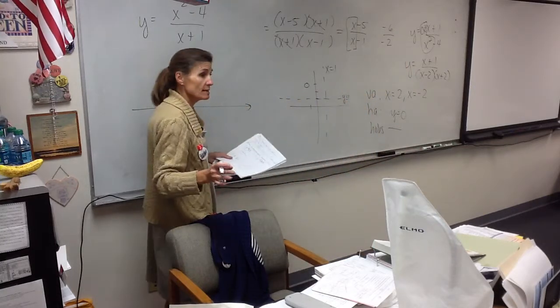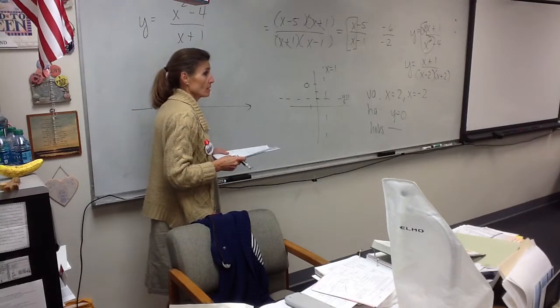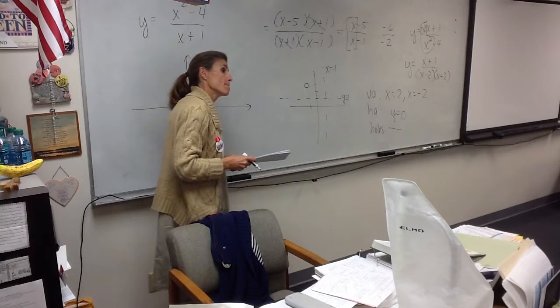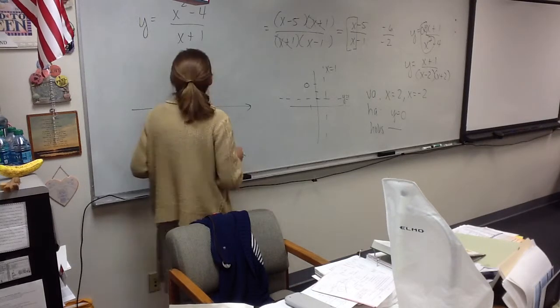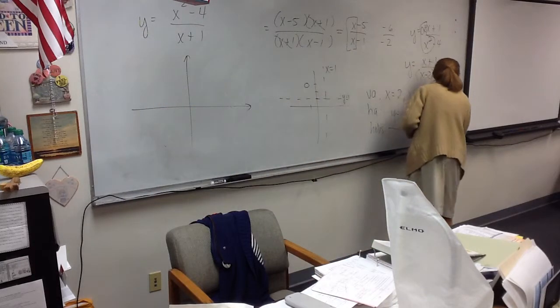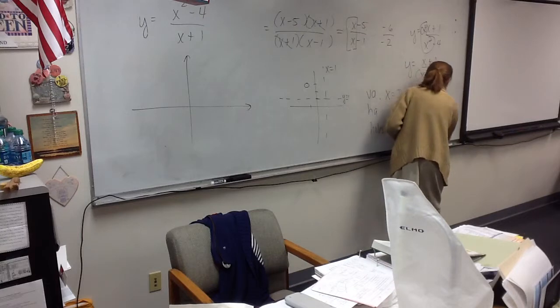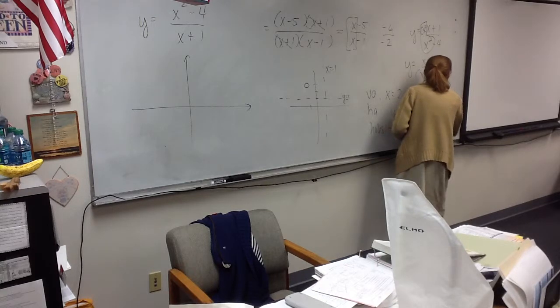So no canceling means no holes. If your horizontal asymptote is 0, is that the x-axis? It is the x-axis. So if I were graphing this one, I'd have a horizontal asymptote right there on the x-axis, and I'd have a vertical at 2 and a vertical at -2.